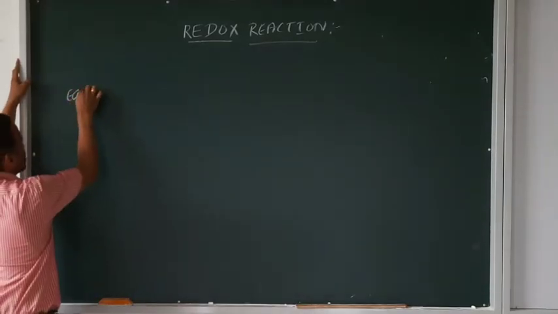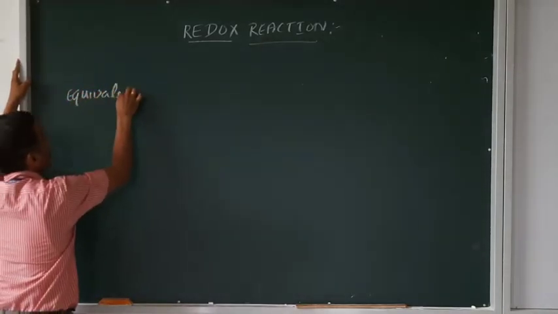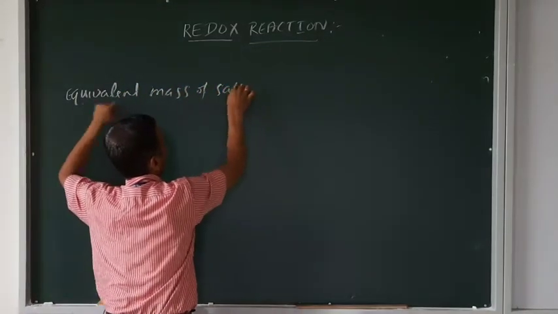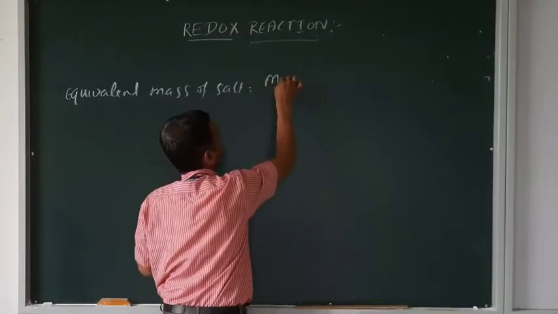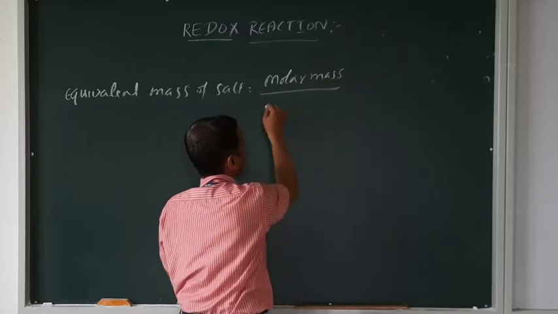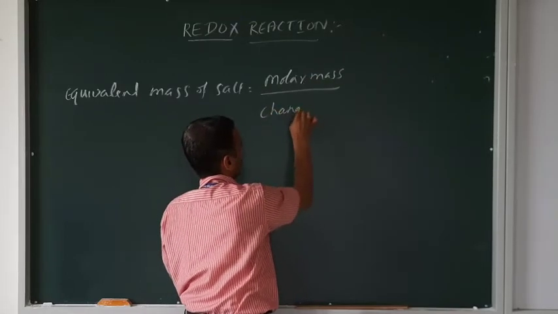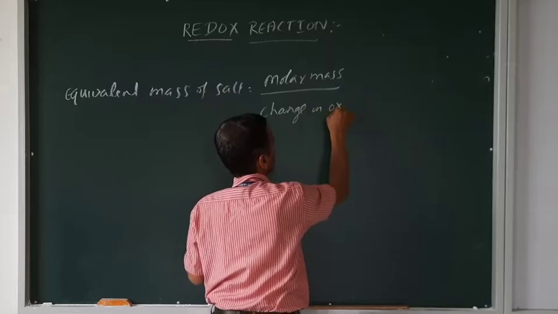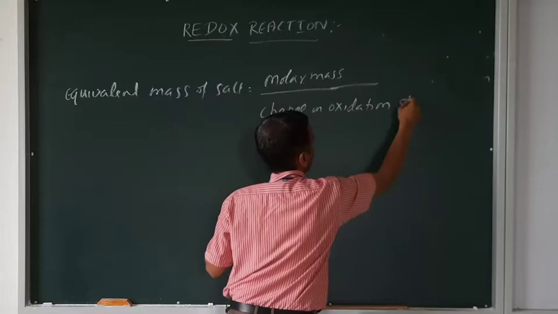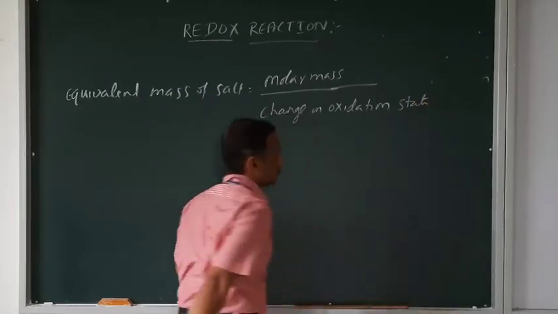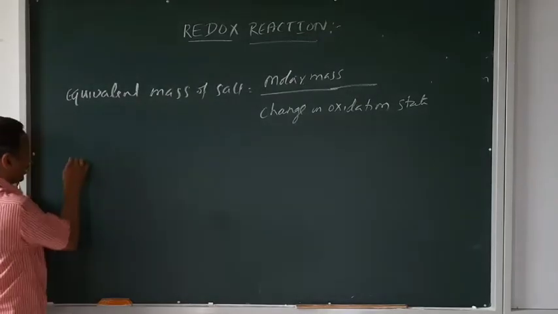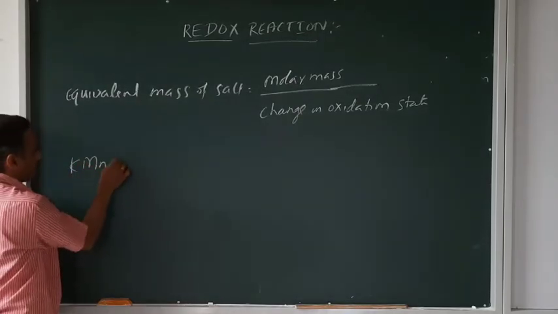the equivalent mass of a solid is equal to molar mass by change in oxidation state. Now, you may be asked to calculate the equivalent mass of KMnO4.